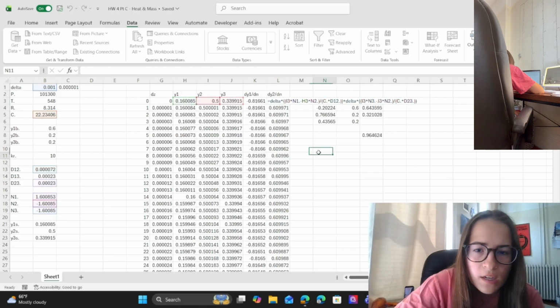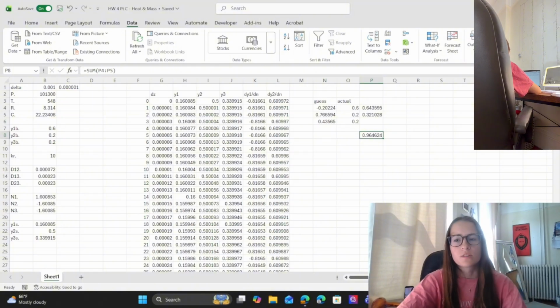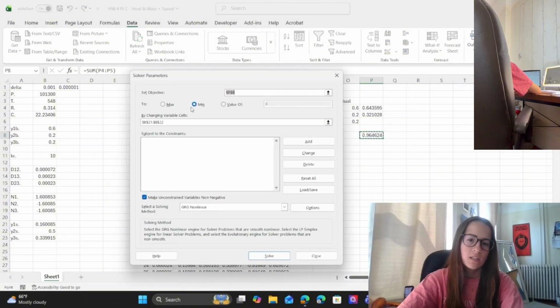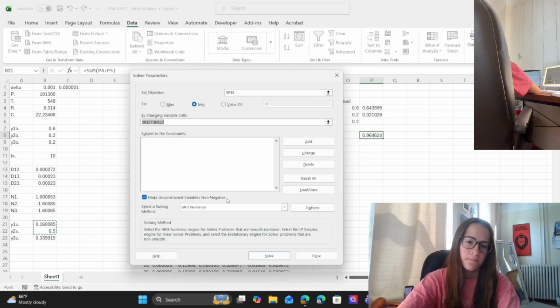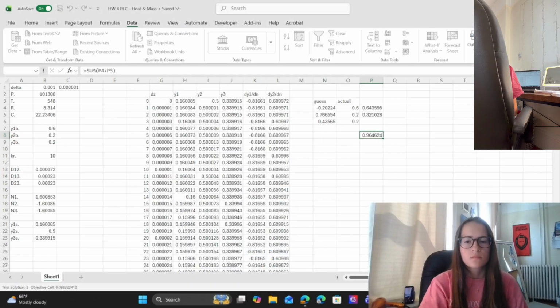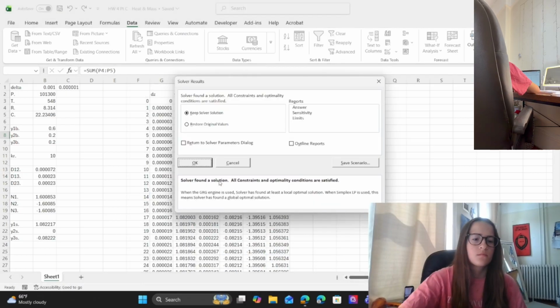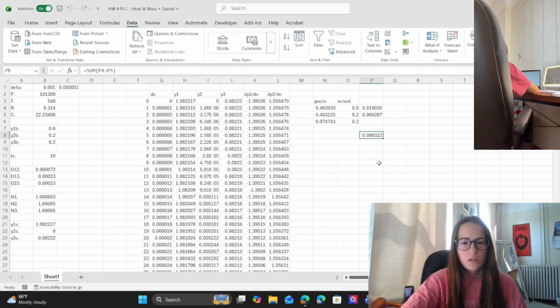It should all be fine. So let's go ahead and try this Solver one more time and see if it does any better than last time. So this still did not do good.